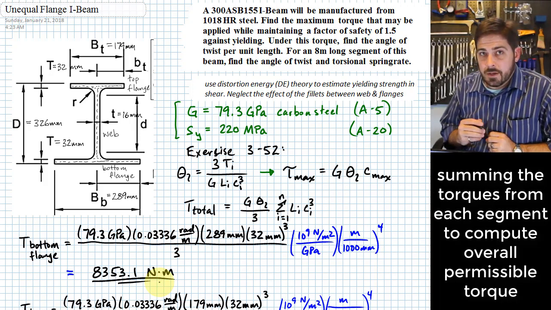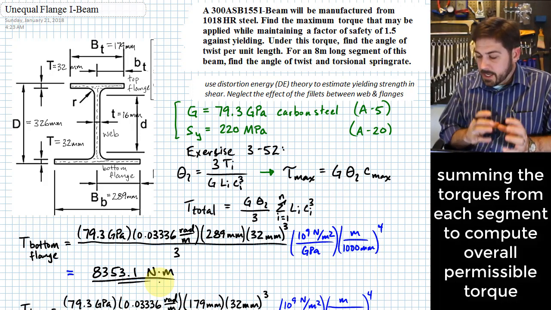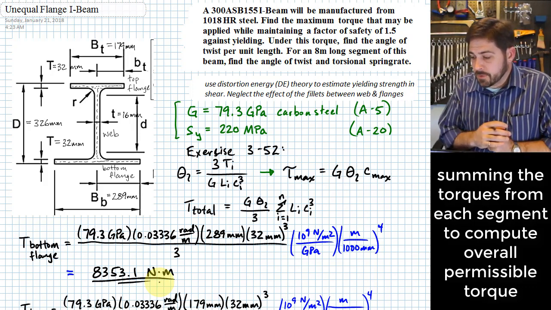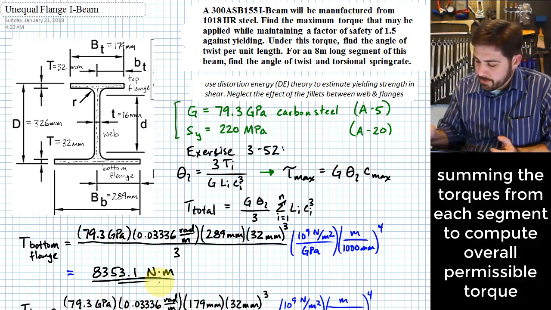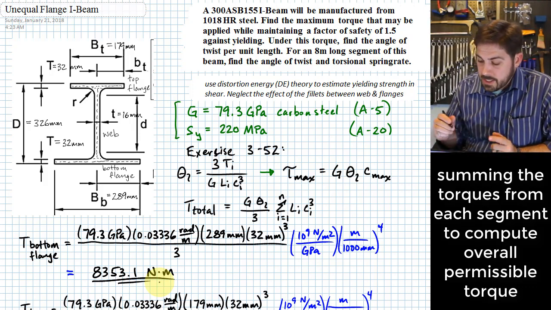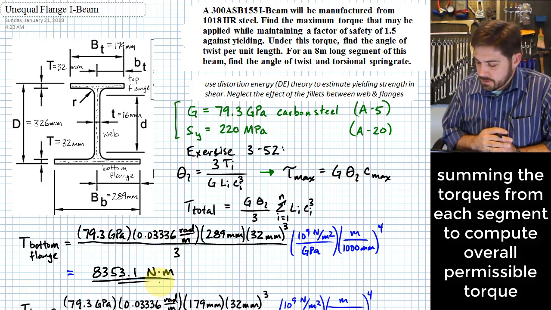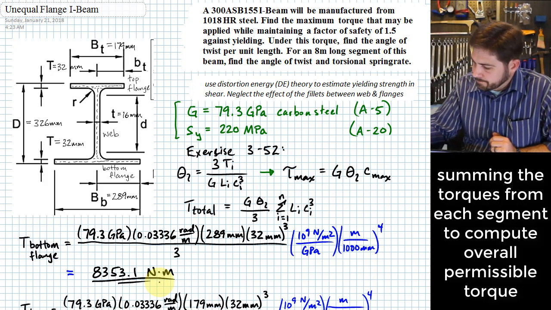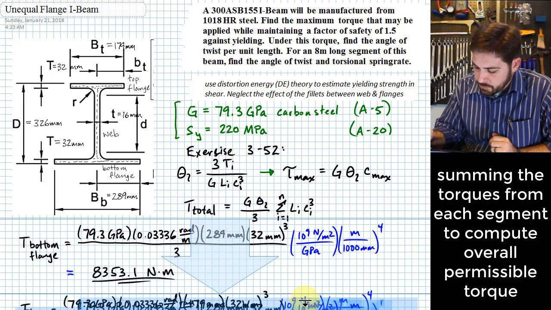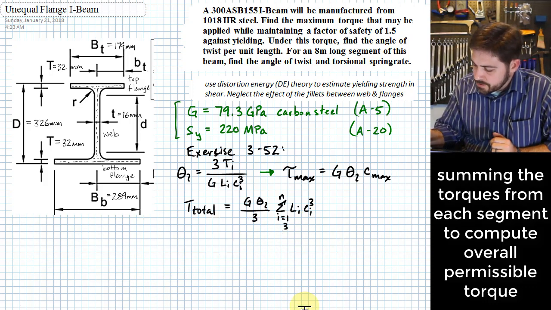Okay, so we figured out what the angle of twist per unit length was that the thing could tolerate before we go beyond that 1.5 factor of safety. We've now come up with how much torque each segment contributes in order to get to that level. And so let's take those torques and add them all together, because that's the overall torque that the whole cross section carries.